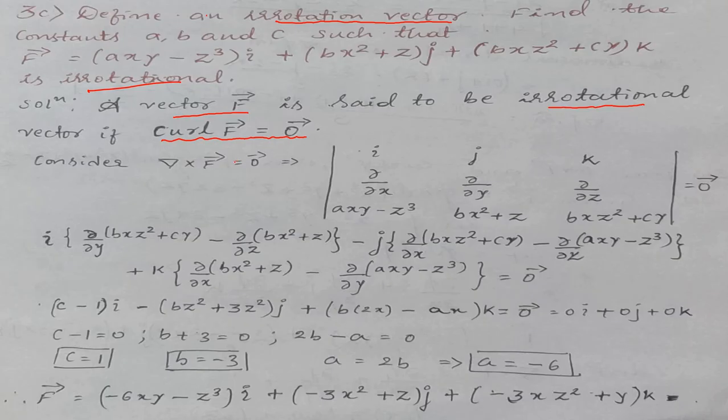So since the given vector f is irrotational, I will consider del cross vector f is equal to 0 vector. So directly I will go with the determinant of i, j, k, del by del x, del by del y, del by del z, then f1, f2, f3.